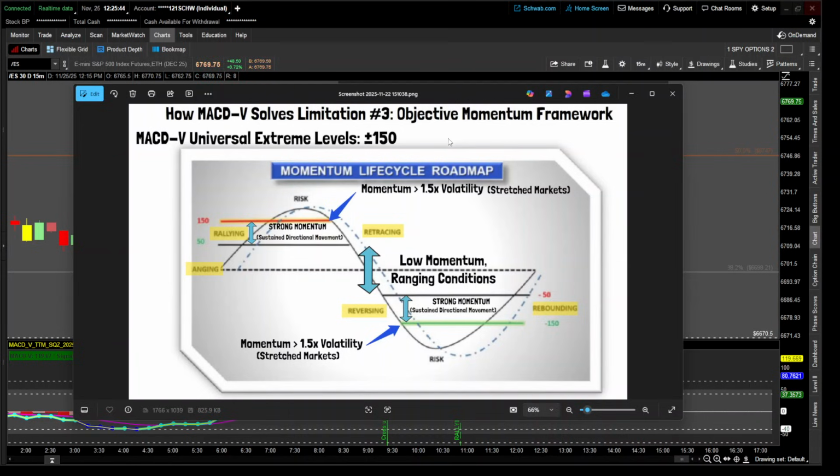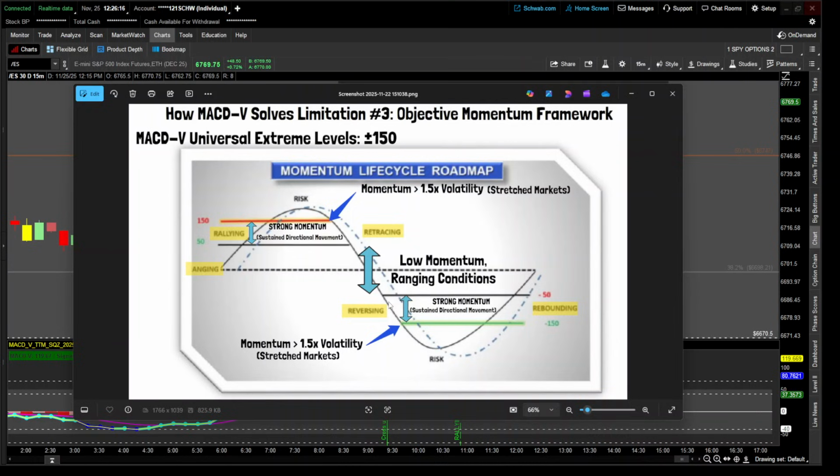Here are the stages of the MACD-V. It follows those limitations: you have a ranging stage when it's between 50 and -50. You have rallying when it's above 50, up to 150, and overbought above 150. Then retracing, when it's coming back down with the MACD line below the signal line, the dashed line. When it's going down and crosses below zero, it becomes reversing.